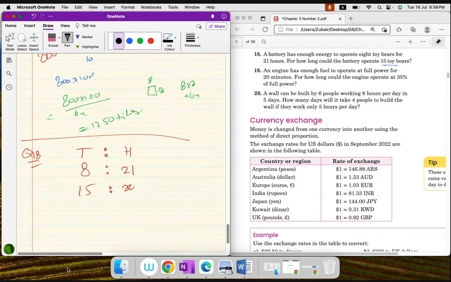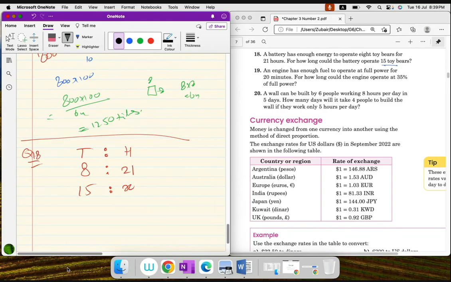What is the relation, direct or inverse? Sir, inverse. Direct. Right, inverse.